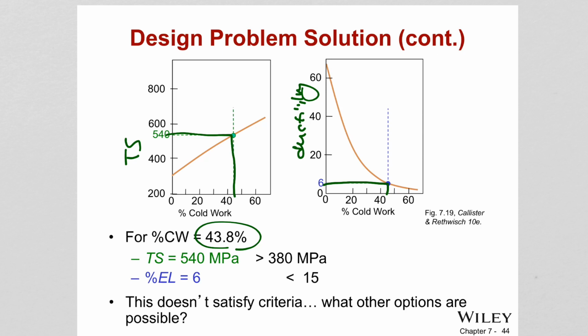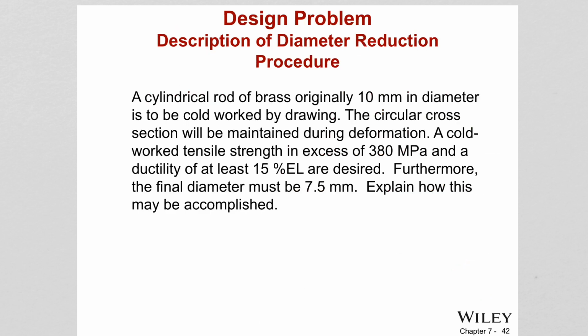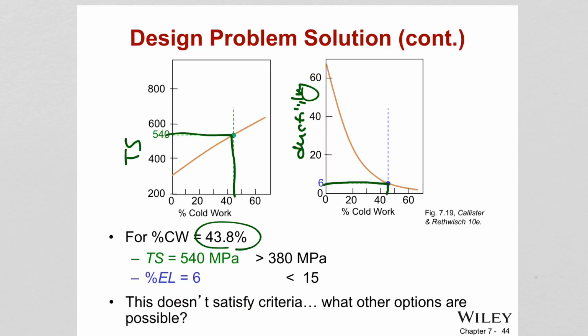We see that the material strength is 450, and the ductility is 6%. We are requiring at least 15%, so we don't satisfy the conditions.